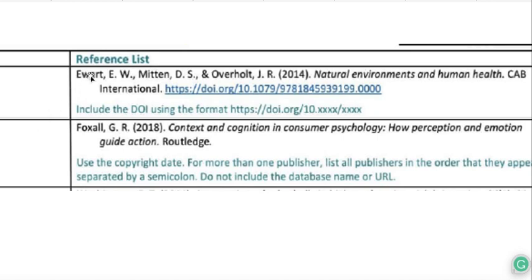In the end, we cannot write Evert et al. According to APA style, we have to write all the names of the writers, and you can see that the last name is full and the middle name and first name are given only as first letters with dots, and a comma follows them. The same is done with the 3 authors, but before the last author comes the ampersand, and after that we can also talk about the 4th one who is present here.